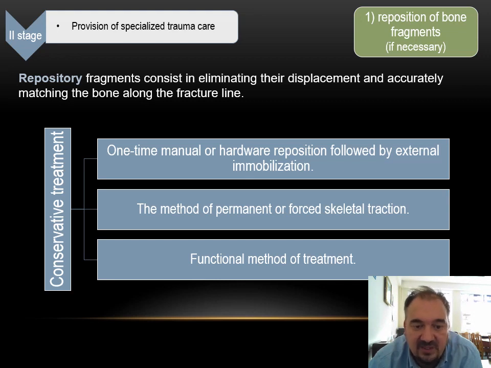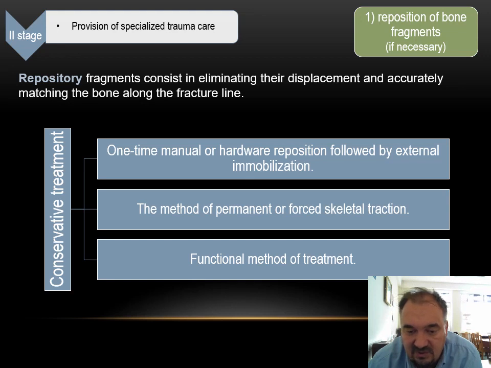There is a single-stage manual or, less often, hardware reposition, which was previously widely used, now less and less, with subsequent external immobilization. If it is impossible to perform a simultaneous manual reposition, let's say we have a fracture of the lower limb with a very powerful muscular component in the patient, that is, with all the desire, the traumatologist's hands will be weaker than the legs of the injured patient, then the method of permanent or forced skeletal traction is used here.